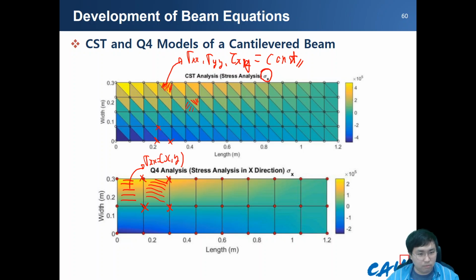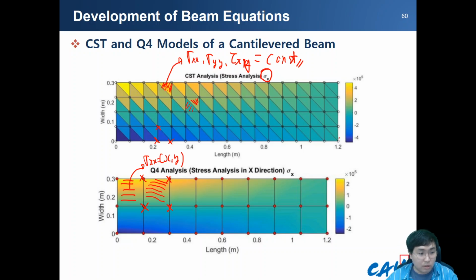The displacement field is interpolated, but the strain or stress values are calculated by Hooke's law relationship. Here we use a linear interpolation function, so the strain and stress calculated values are always constant in the triangle element, but in the QPO element they show some variation inside the element, so with a small number of elements, the result is more accurate than the CST element.